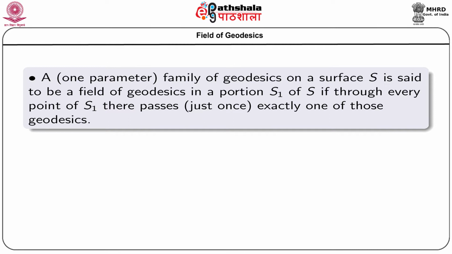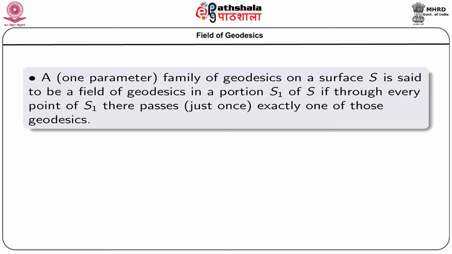That means, if we consider a surface with geodesics on it, and they lie on a portion S1 of that surface, and a family of those geodesics passes exactly once through each point within S1, then that S1 is called the field of geodesics.